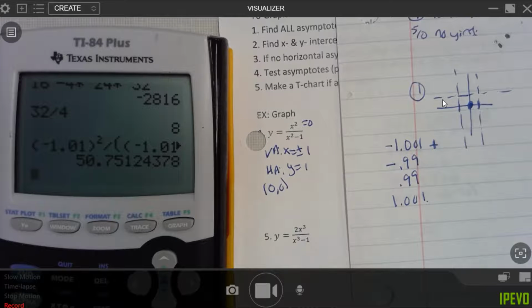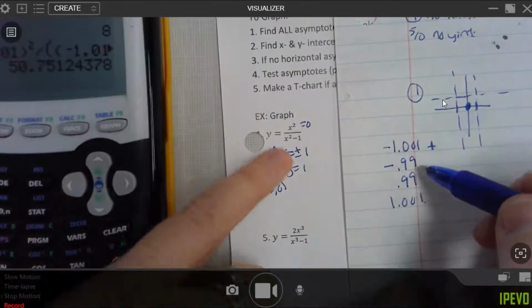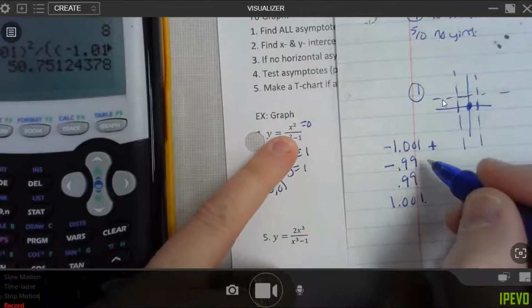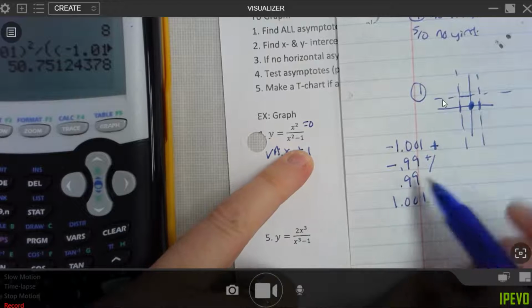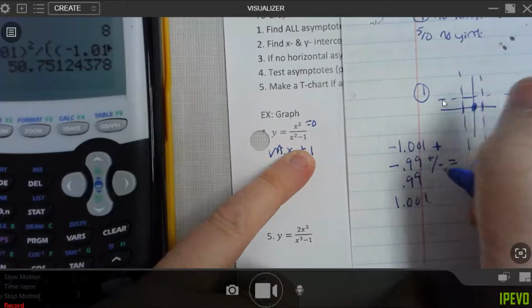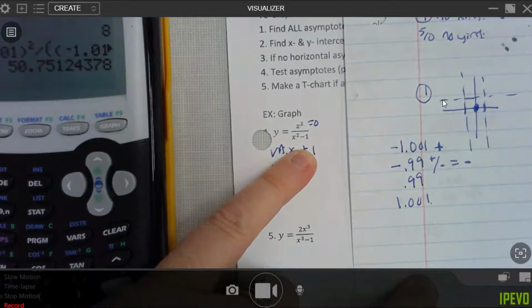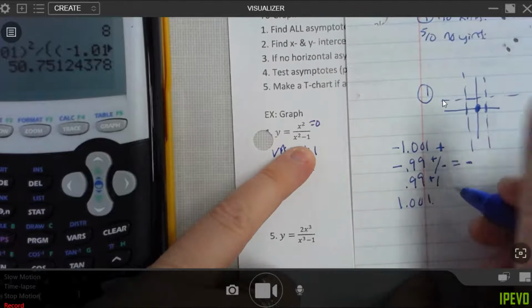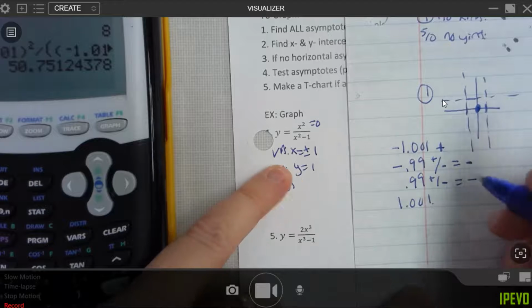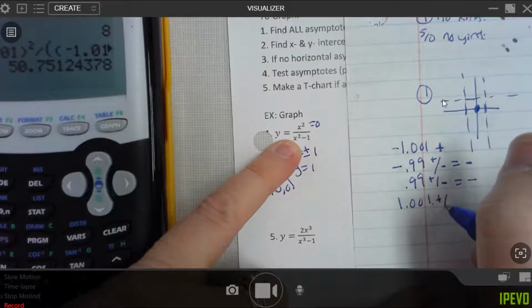What I like to do is I like to think it through, and I'll show you this for this one. So if I do a square on top, it's positive because I squared it. A number smaller than 1 squared minus 1 is going to come out negative. So positive divided by a negative is negative. 0.99: positive on top. Again, squaring it minus 1 will make it negative. Plug in 1.001, square it's positive.